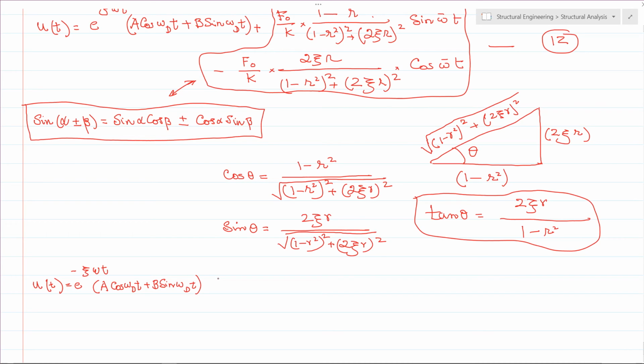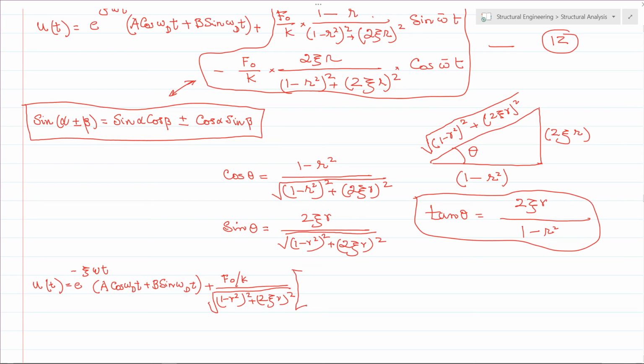Up to here this is okay, but then I can take plus F naught over k common, and I can take the square root of ((1 minus r square) whole square plus (2 xi r) whole square).